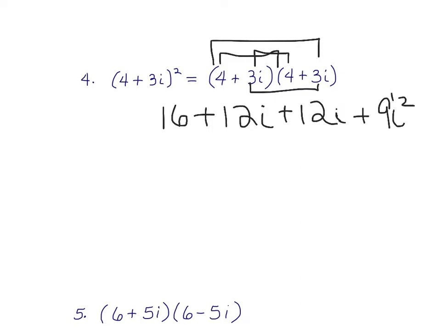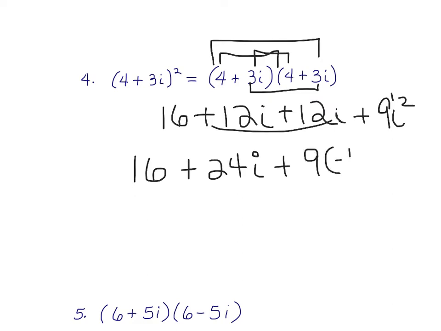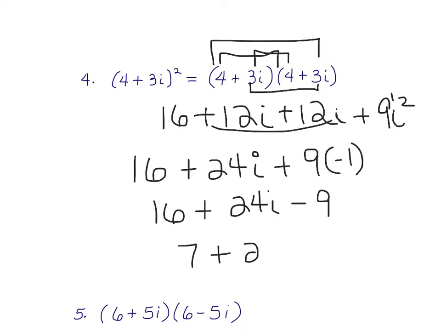Again, the i squared is going to be replaced with negative 1. So I'm going to rewrite the 16, group the middles, and take out the i squared, put in a negative 1, and multiply it by the 9. So 16 plus 24i minus 9. Now I can group the first and the last term and get 7 plus 24i.